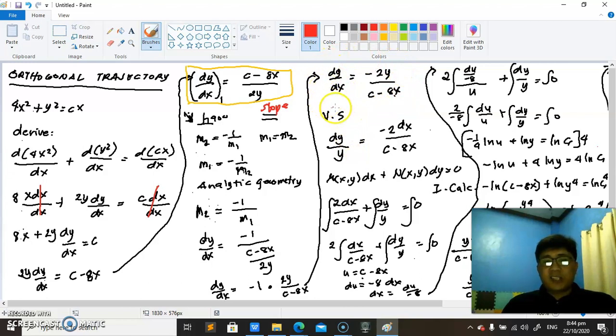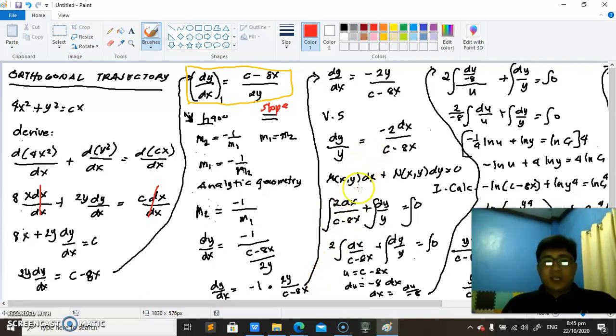In this case, it's very simple because we just use variable separable. The isogonal one was a bit higher because, if I'm not mistaken, was it linear or Bernoulli? Homogeneous, that is what we used for the isogonal.